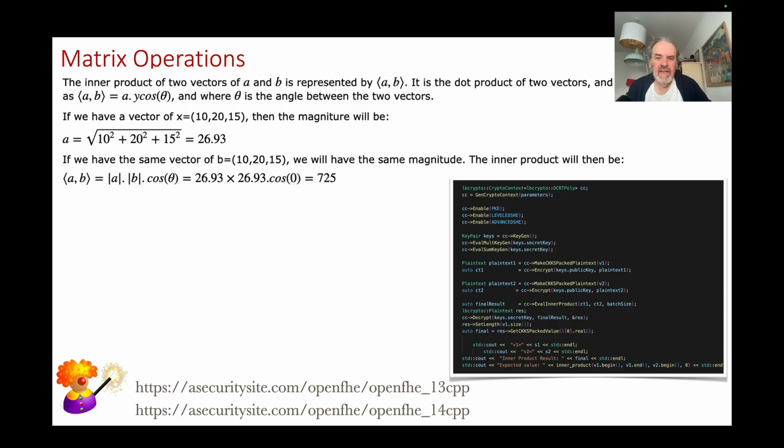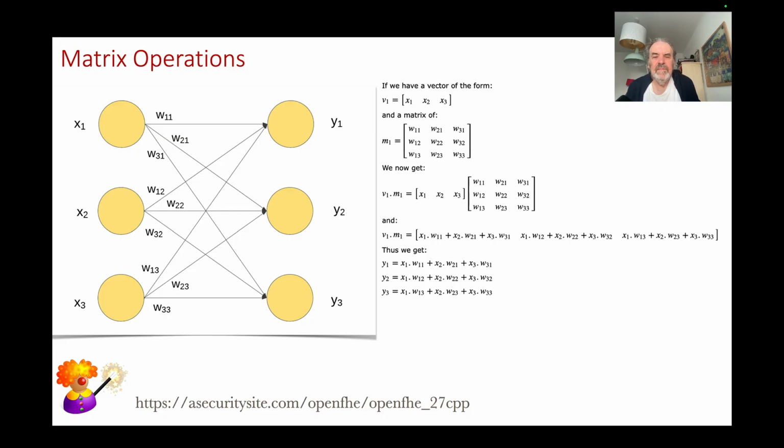And the good thing is that with fully homomorphic encryption, with the OpenFHE library, we can perform matrix operations. In this case, it is the dot product of two vectors. Two vectors can be multiplied together to create a result, and we can see in this case it's what's called an inner product value.